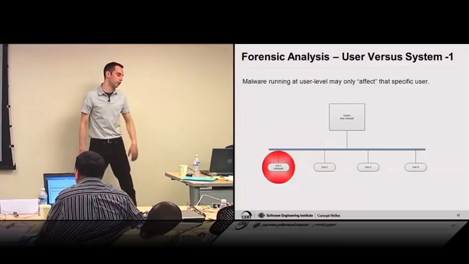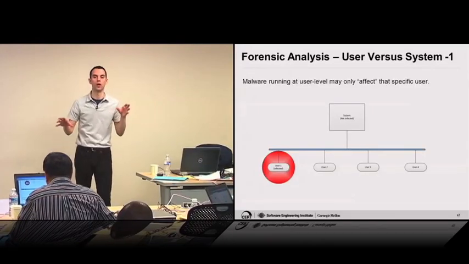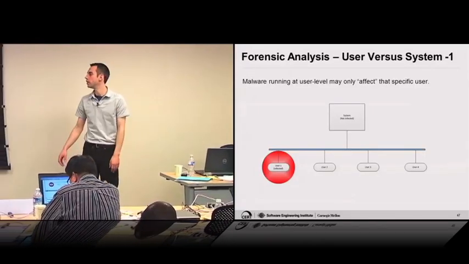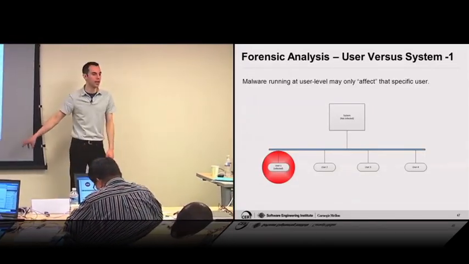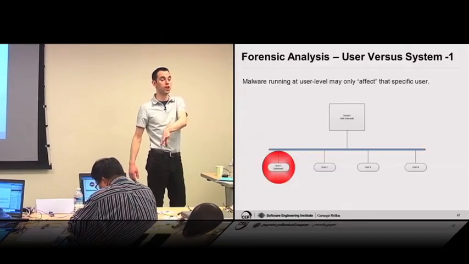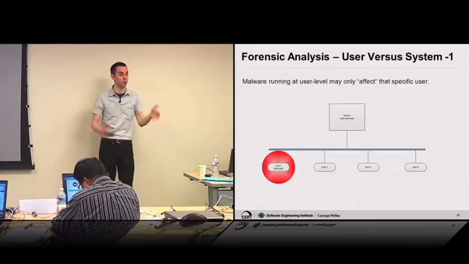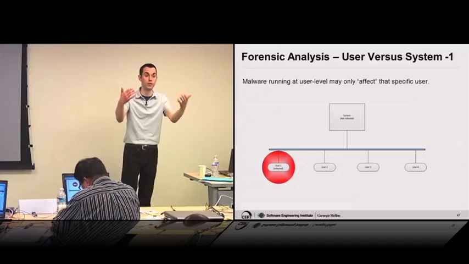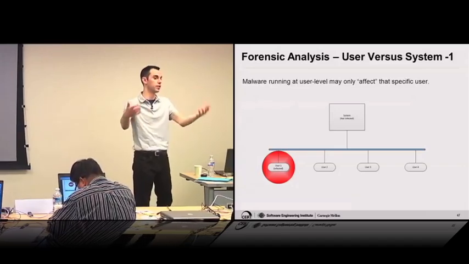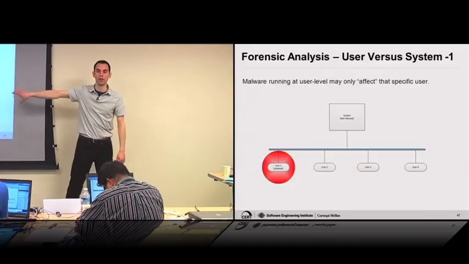Some of the things you also want to look at is how a piece of malware is running and what it's actually going to affect, right? We talked about auto-run keys, and the difference between a system auto-run, something that's going to run in the software registry hive, and a user auto-run, which will run inside the user registry hive, so basically whenever the user logs in, as opposed to whenever the system powers on. This is the level they're actually running at.